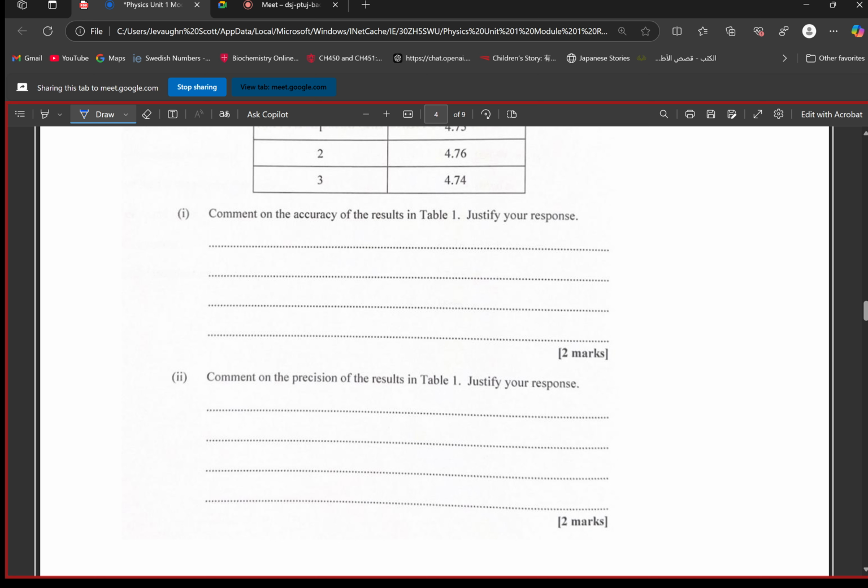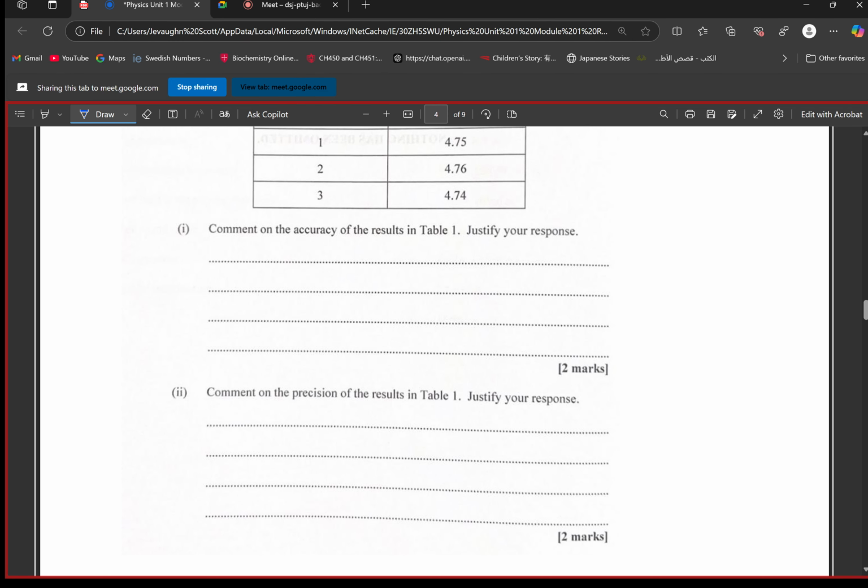Hold on. We're saying precision, and you answer the question by saying it has high accuracy? Can't answer that. Rephrase. The difference is 0.02 though.